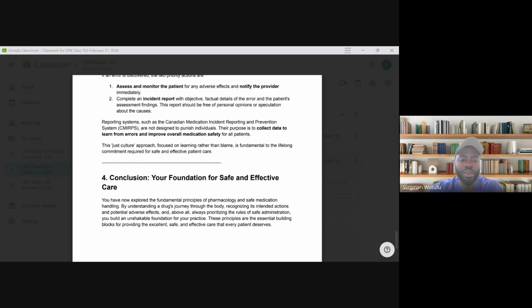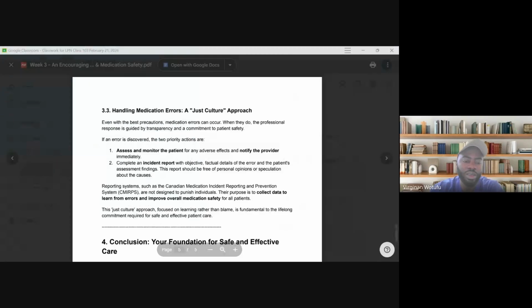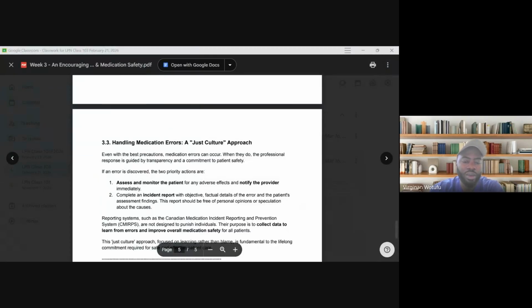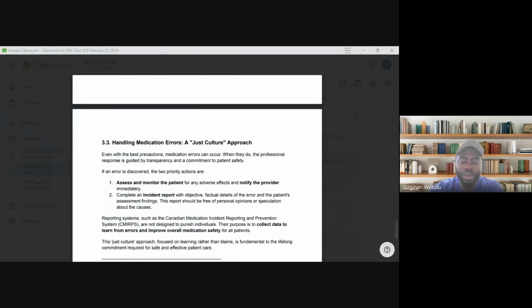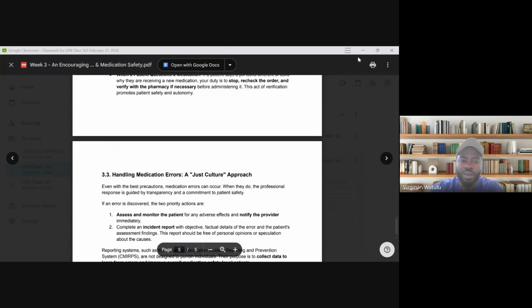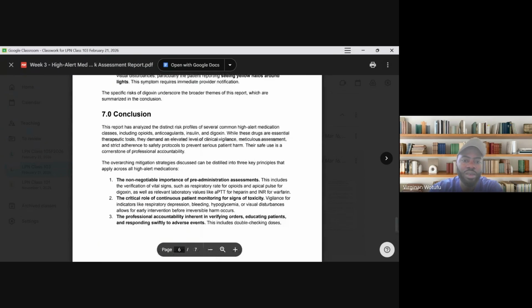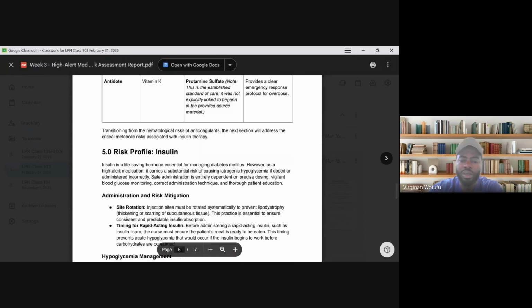So since we've had a crash run through on this, we will look at some high alert medications that need close monitoring during administration or even after administration.